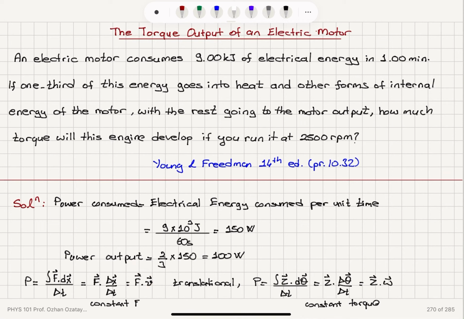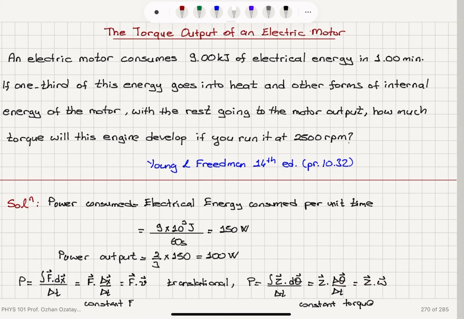In the rotational case, it's torque delta theta divided by delta t. Torque d theta is the integral of torque d theta is the work done by torque, and this will be for the constant torque case, torque dot product with omega.